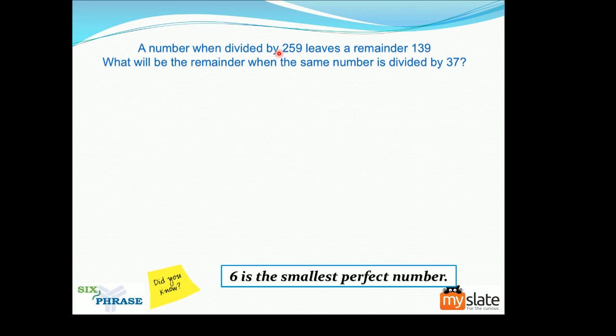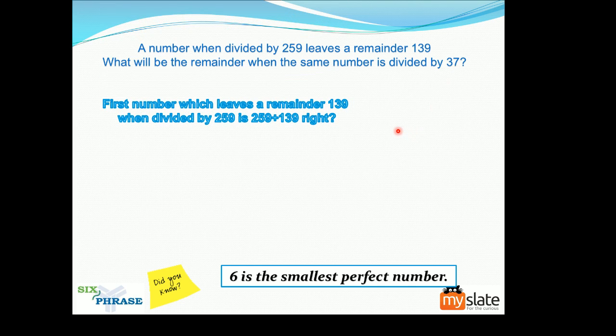If you divide the dividend by 259, the remainder that you get is 139. If you divide the same dividend by 37, what is the remainder that you will get? Okay, so if I ask you, what is the first number which leaves a remainder of 139 when divided by 259?